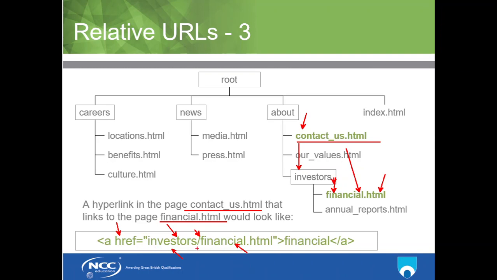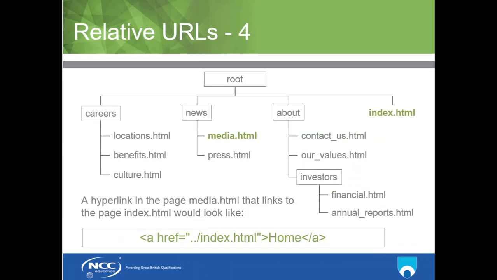So remember that the name of the folder, then forward slash, then the name of the web page that we want to access. And therefore, if this is clicked, from here it's going to load this web page, financial.html.